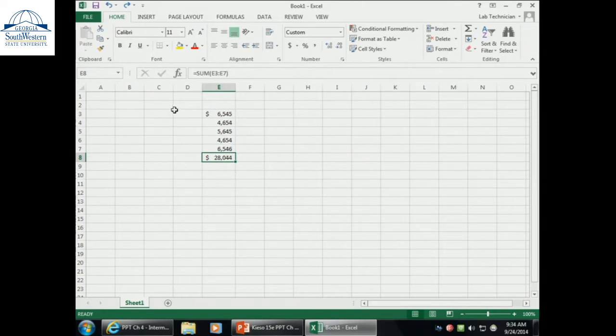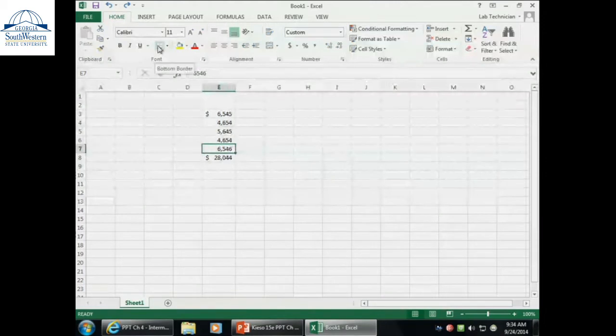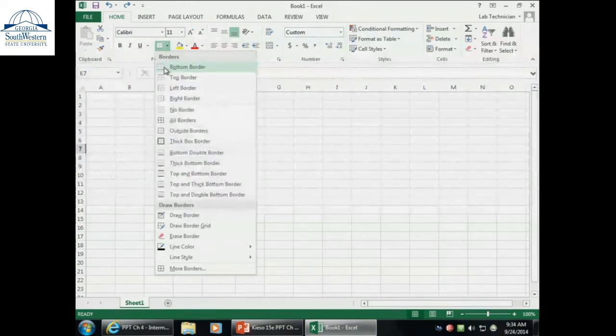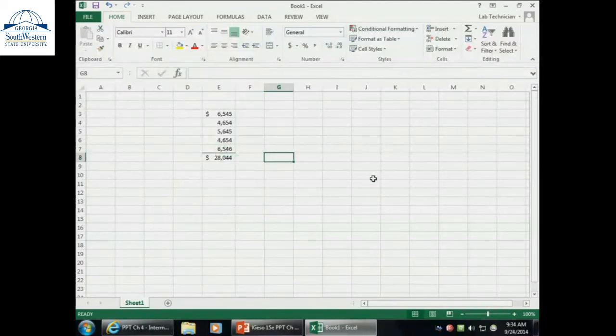Okay, so what people normally do is this kind of underline right here. See this little box? This box has a lot of different choices of where your lines can go. So you could choose this bottom border, and it would put an underline down there on the bottom, okay? So now I'm going to take that one away. That's not really the easiest way.